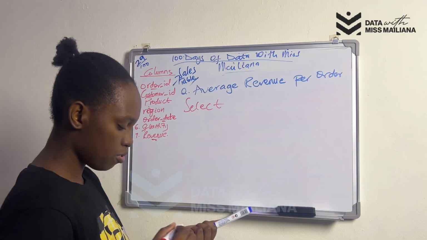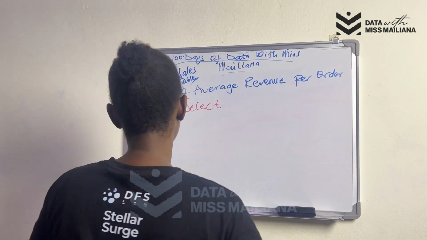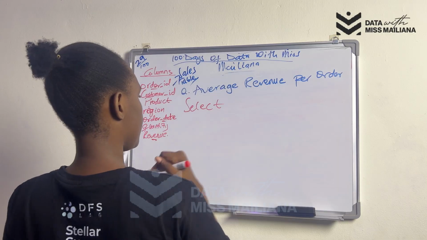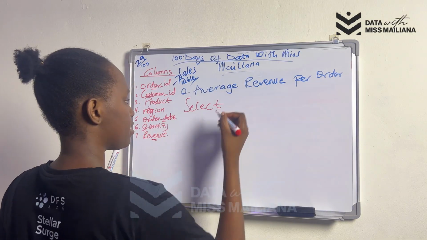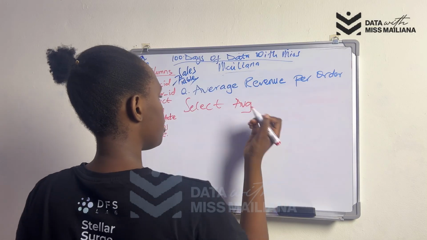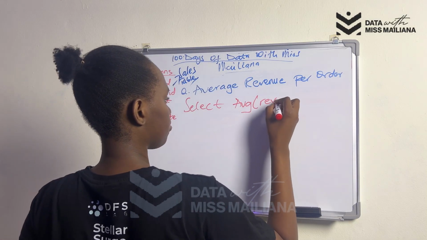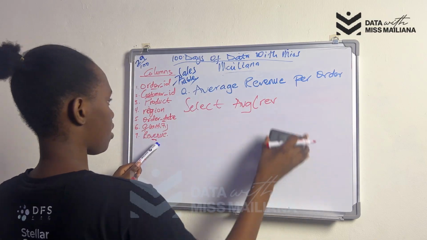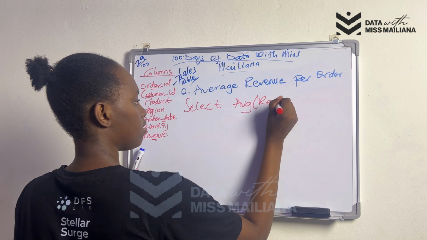At this point, you should know that select is for us to see. This time around, we are not going to take anything from the table, but we are going to calculate the average. So select average of revenue, and we have to spell it according to the column name.